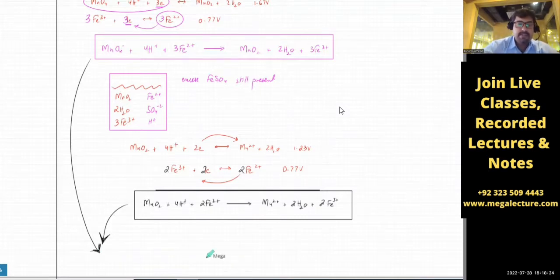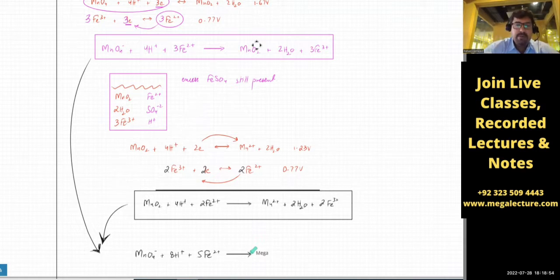Start adding them up. It's going to be MnO4 minus 1 plus 8H plus 1 plus 5Fe2 plus. These are my reactants in both reactions. So I'm making an overall reaction combining the two.